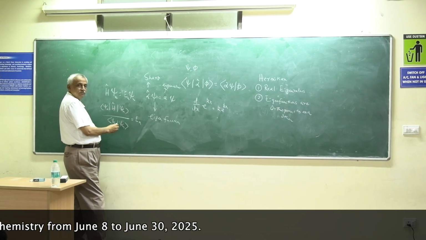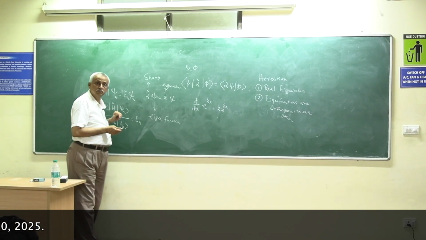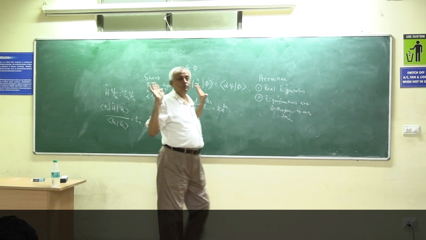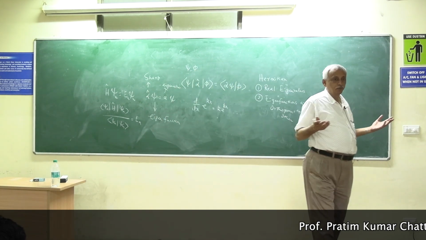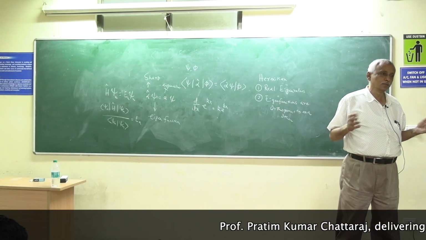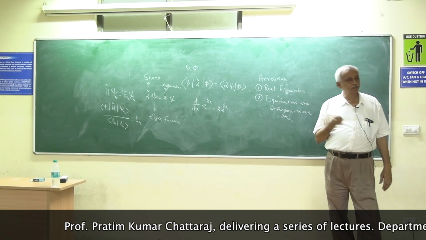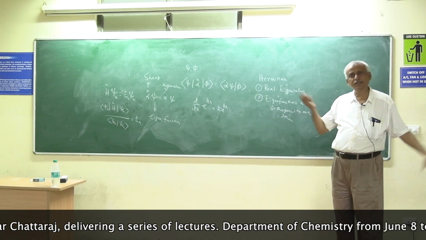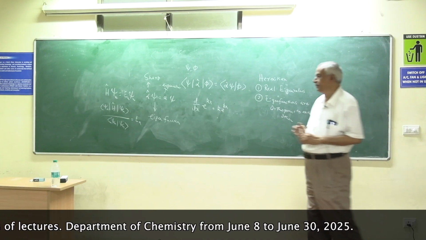So this and this get cancelled and you get only E_n. Okay, so the expectation value will always give you the eigenvalue. That is the beauty of writing it: if you do the measurement also, you will get the eigenvalue. So in quantum measurements, you will get the eigenvalue of that operator. I am telling it for energy, but it is valid for others also. Okay.